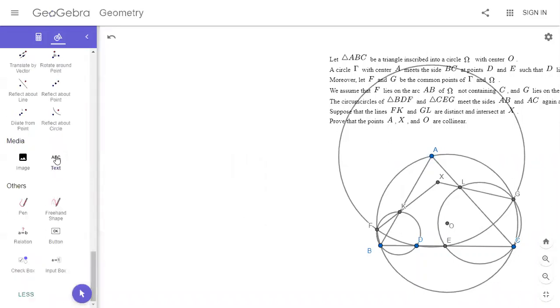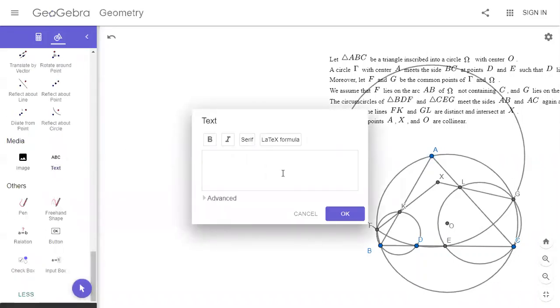So let's try this. Angle XFO is equal to angle XFB minus angle OFB, which is equal to angle KFB minus.